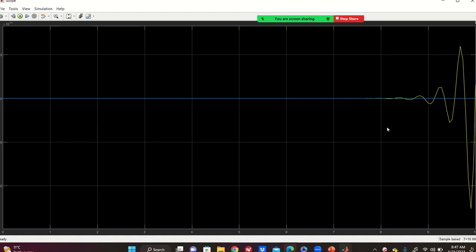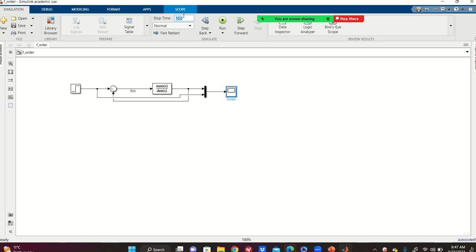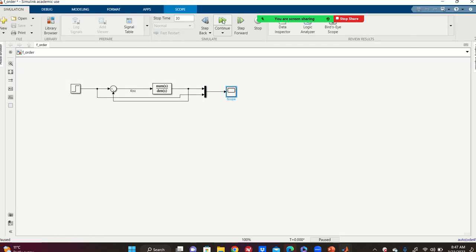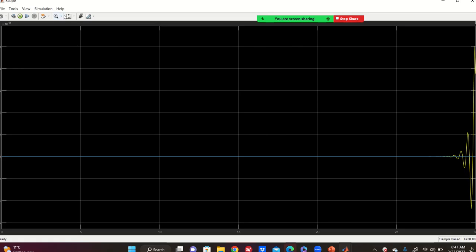Here we go. This yellow line, the system becomes what? Unstable. Because of what? The pair of complex conjugate poles is oscillating but unstable. Right? Let me increase time to show you. Here we go.